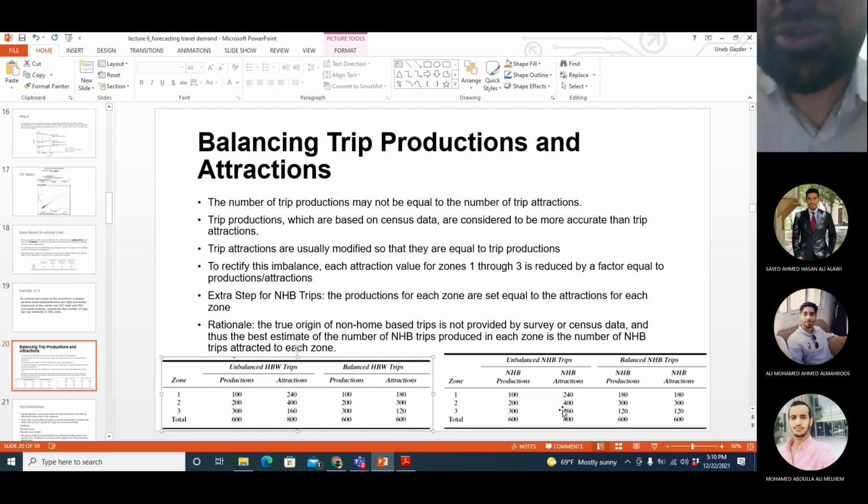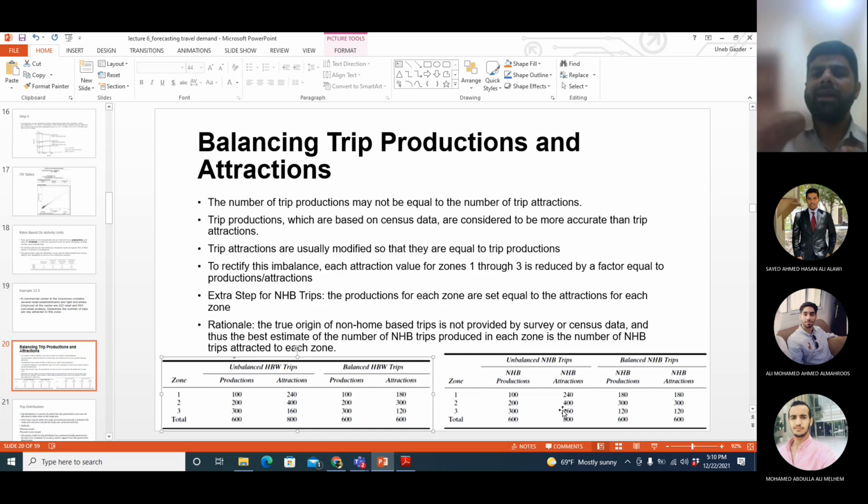Because for non-home based trips, the place from which the trip is produced is usually the home, right? But in your zone, the home was not located.